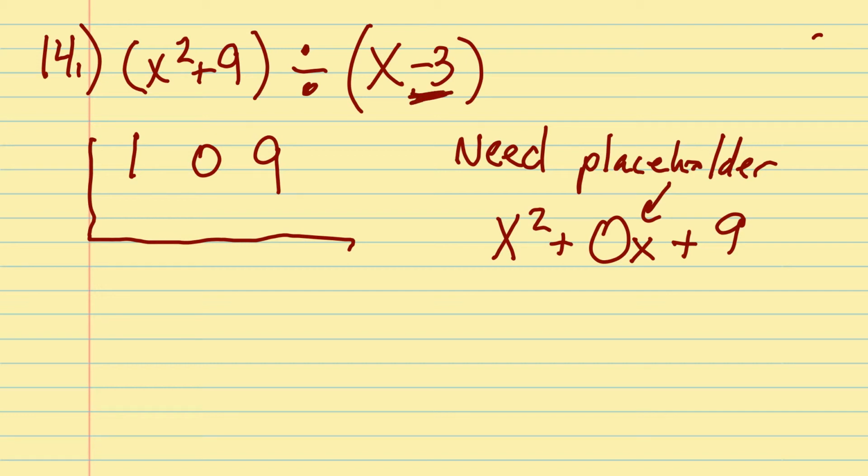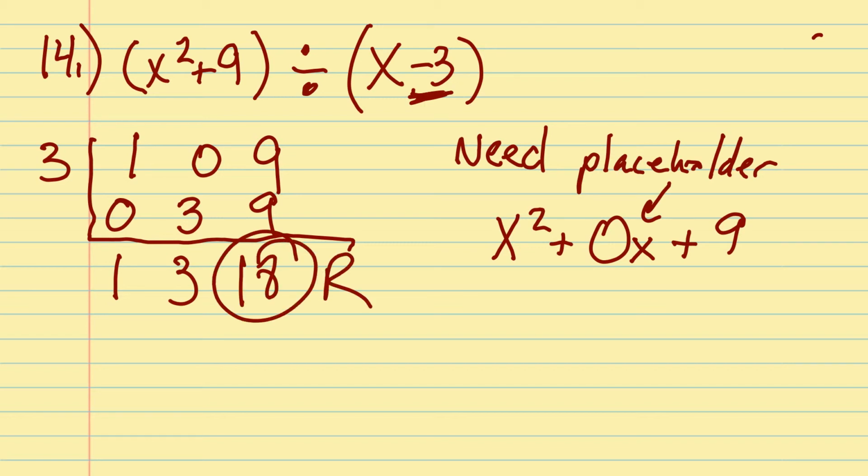This is in divisor form, so we take that negative 3 and change the sign, make it positive 3. Now, put a 0 there. 1 and 0 is 1. 3 times 1 is 3. 0 and 3 is 3. 3 times 3 is 9. 9 and 9 is 18. I circle it, and that's our remainder.